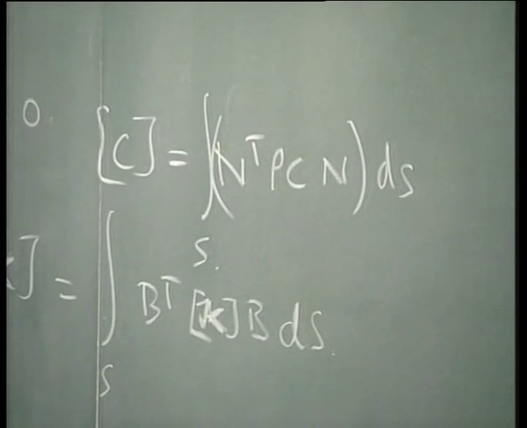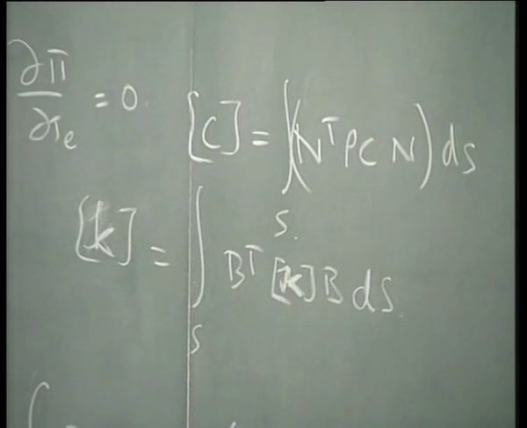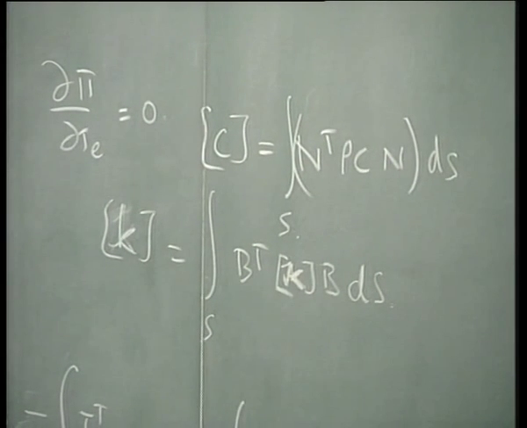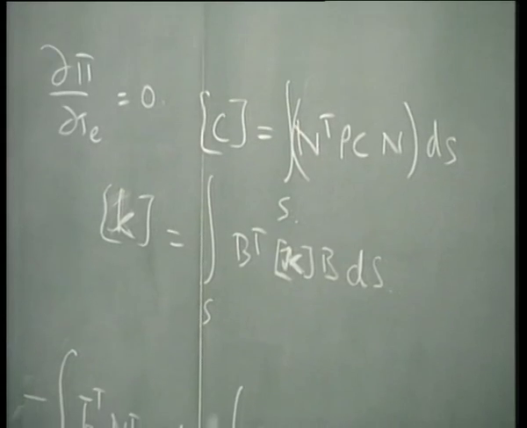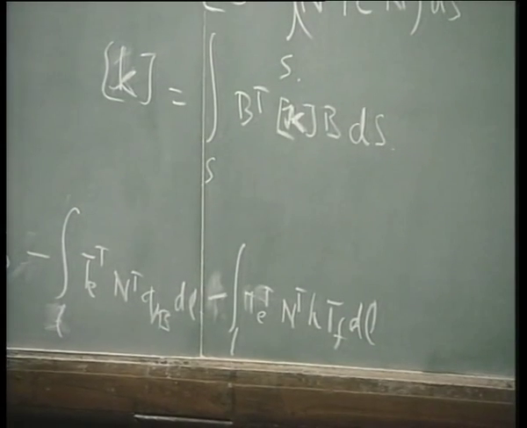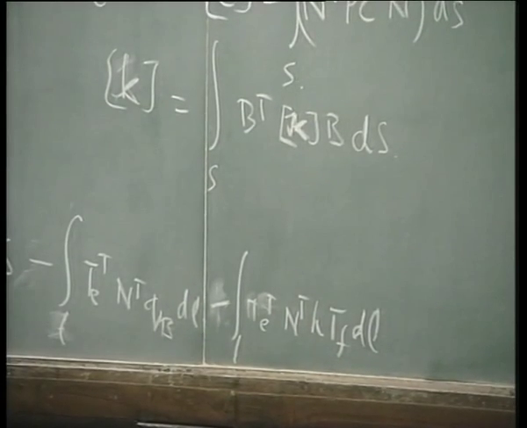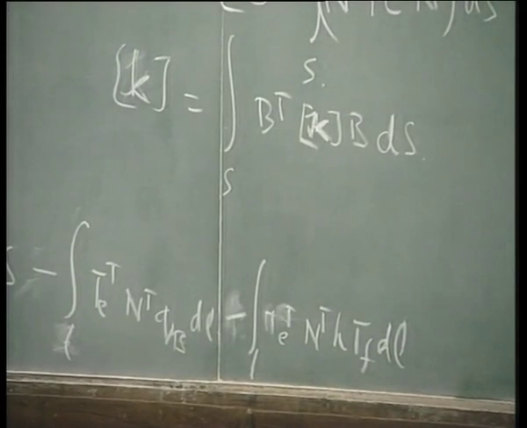Now let me give one more name. What is this anyway? Is it very similar to the stiffness matrix? It's very similar to the stiffness matrix. So let me call this H, N transpose H, where is it? TF. There is one more H term here.